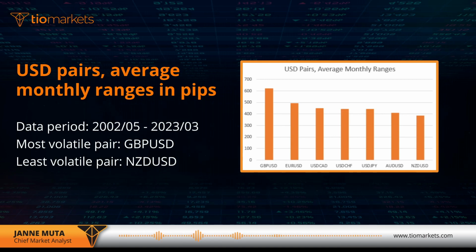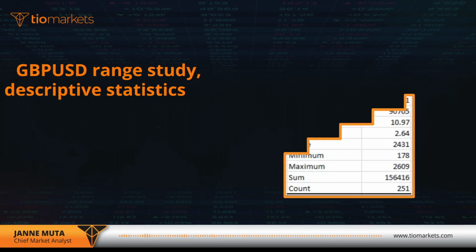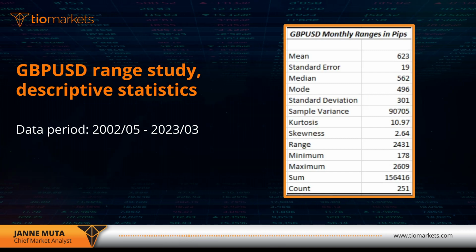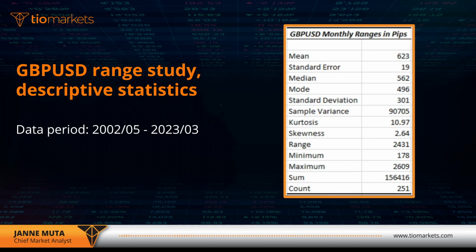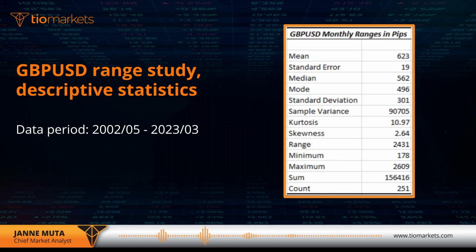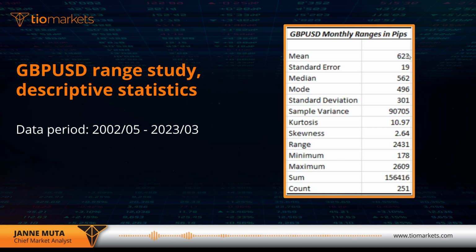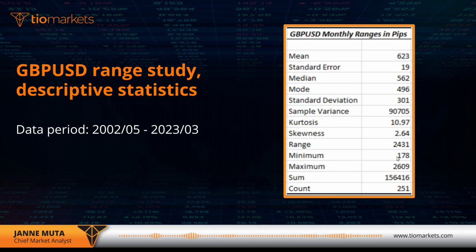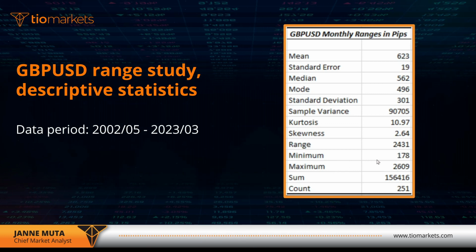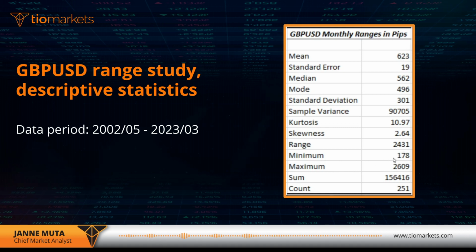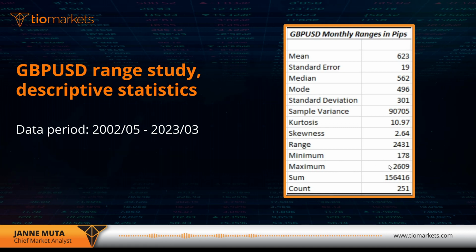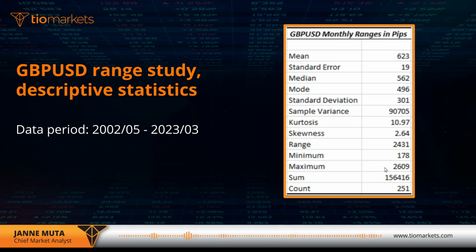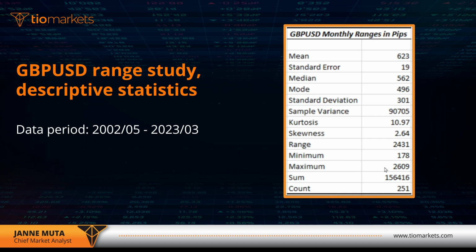Let's take a look at this market in a little bit more detail. Here I have the monthly ranges in pips and basically descriptive statistics for them. And as you can see, the mean is 623 pips. And the range is quite big as well. The smallest monthly range was 178 and the biggest monthly range was 2,609 pips. So that's amazing, that's huge.